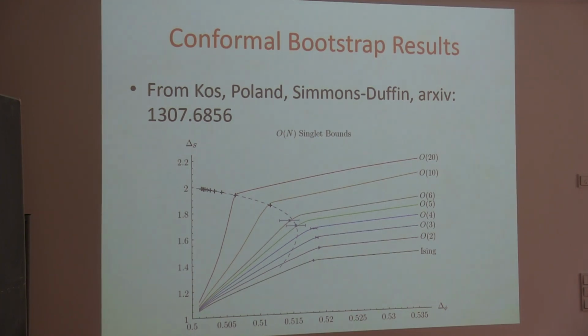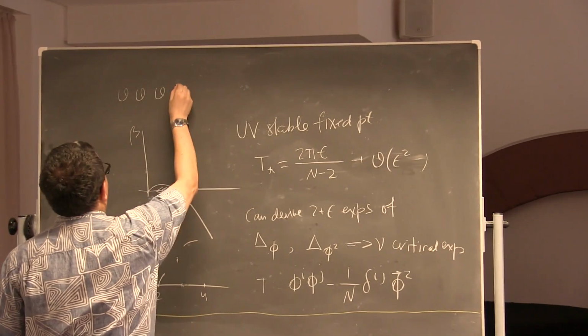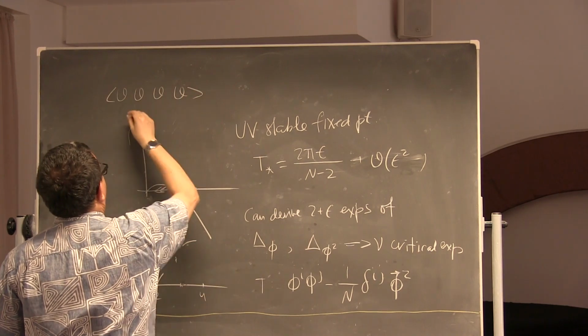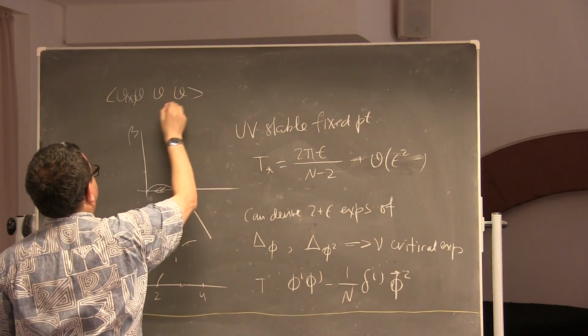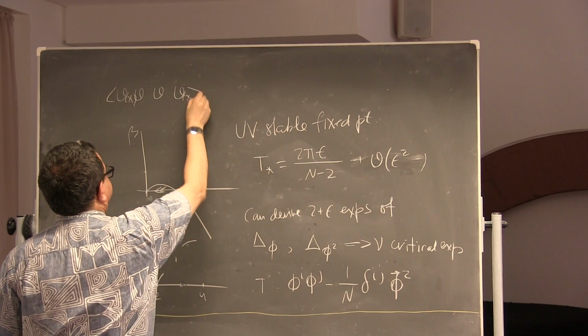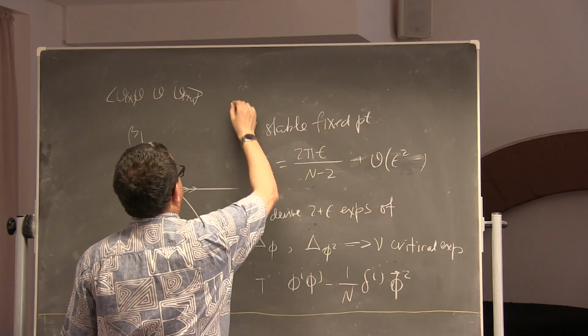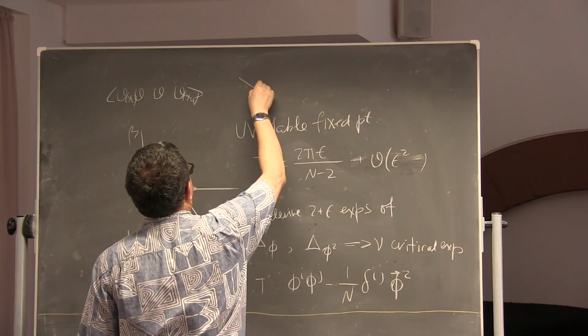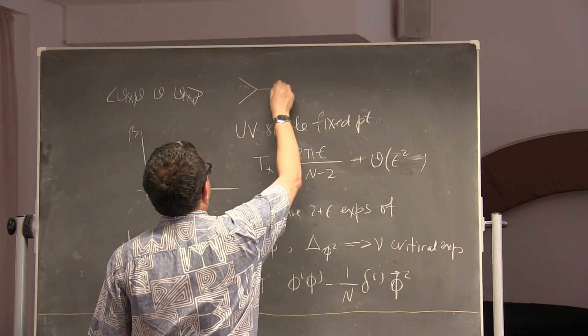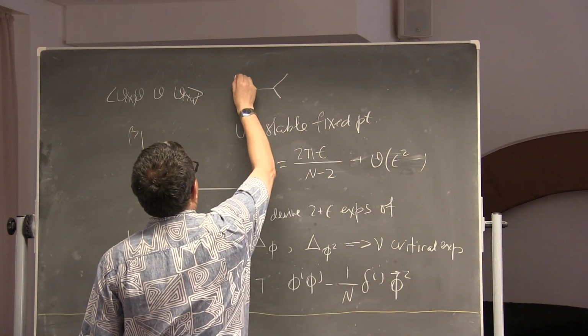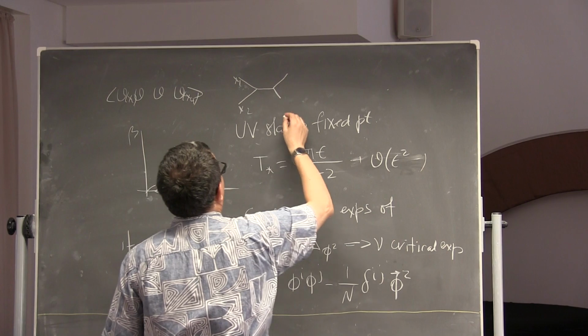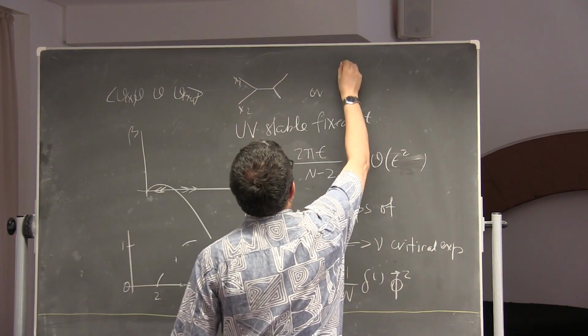You essentially have some 4-point function like O, O, O, O with some coordinates x1 to x4. And you use the fact that it can be expressed in 2 ways. You can either express it in this channel, say x1, x2, or you can express it in this channel.